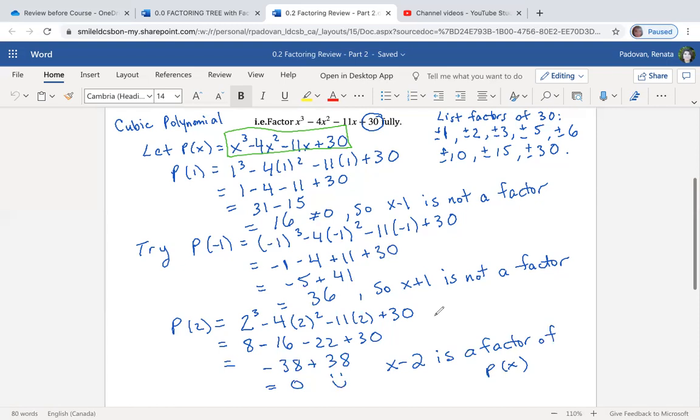And in order to do that, we have to do long division or synthetic division. So for this example, I'll show both. You can pick which way you like the best and do it that way if you'd like from then on.